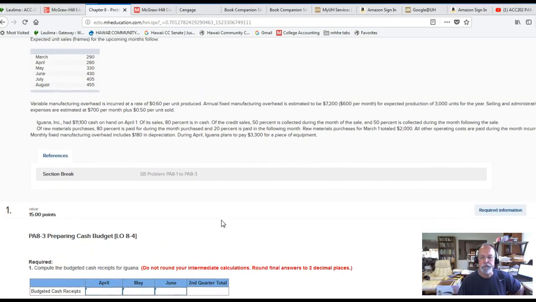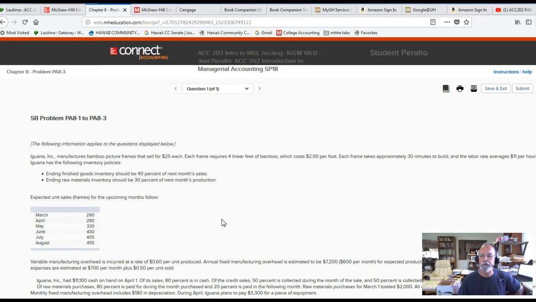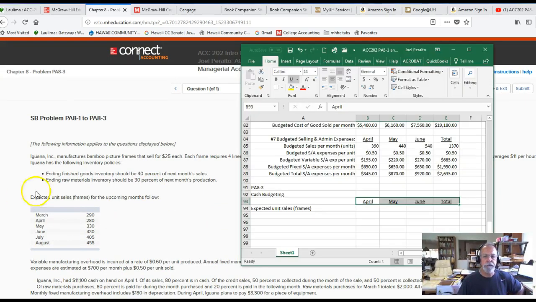Yeah, April, May, and June, which is the second quarter. So our expected unit sales for the 3-month period are 280, 330, and 430. And let's put a total there.